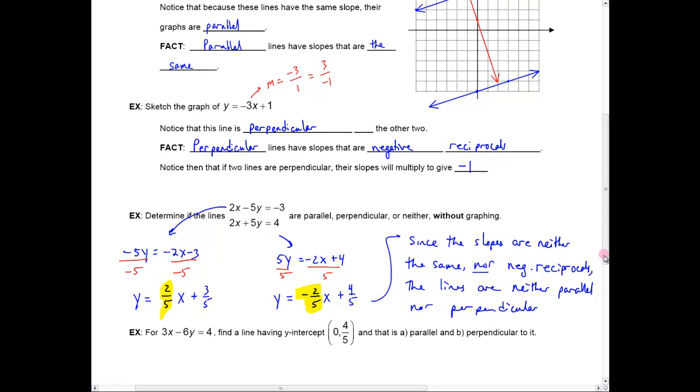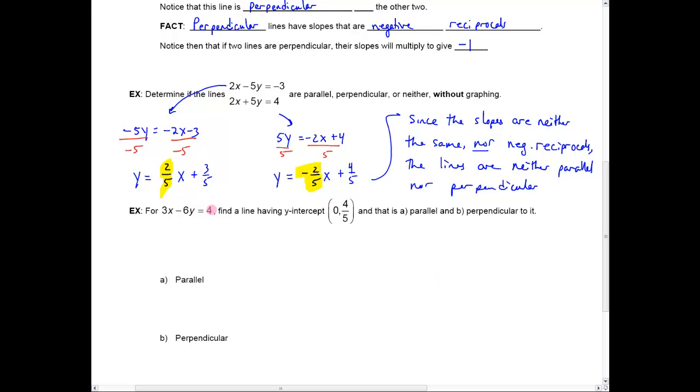All right, one other little problem here. Here's an equation of a line that's written in standard form, and I'd like to find a line that has this y-intercept that's parallel to this line, and then in the second part find one that's perpendicular to this line. So let's go ahead and first of all solve this for y. -6y would be -3x plus 4.